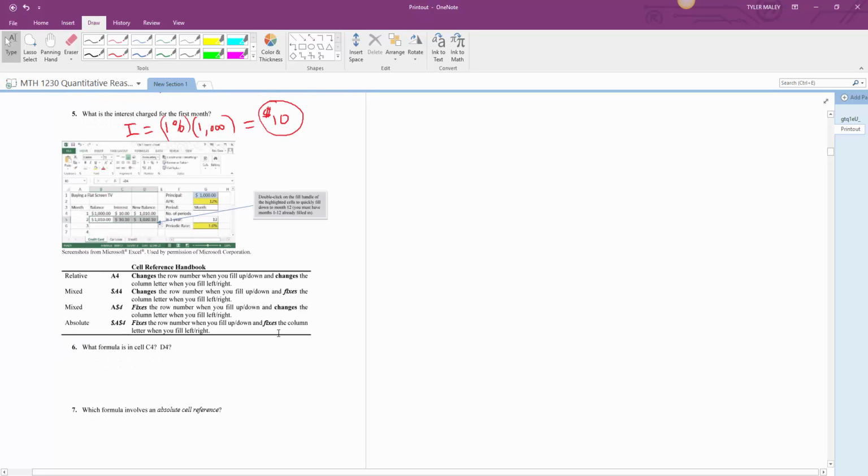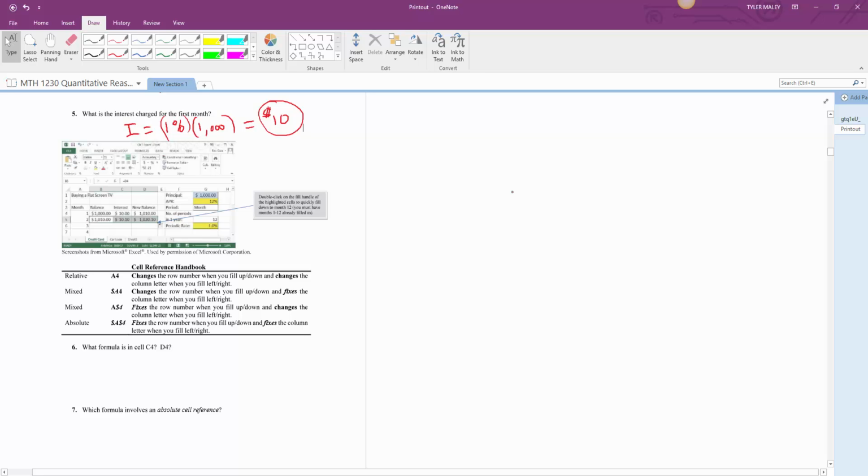So then after question 5, we're given a screenshot of an Excel document with some information, a cell reference handbook. We're given 4 different cell references, and we're told what type of cell reference it is. There are 3 types of cell referencing.